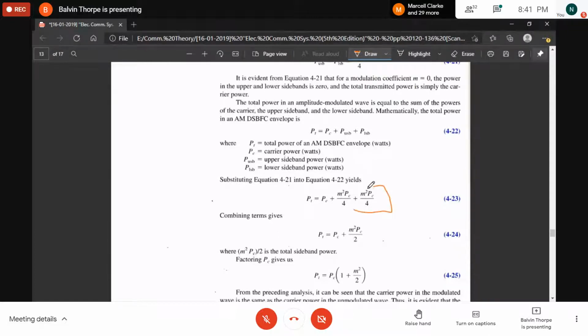Of course, we can simplify this expression because we can factor PC out of the three pieces, right? Because we have PC.